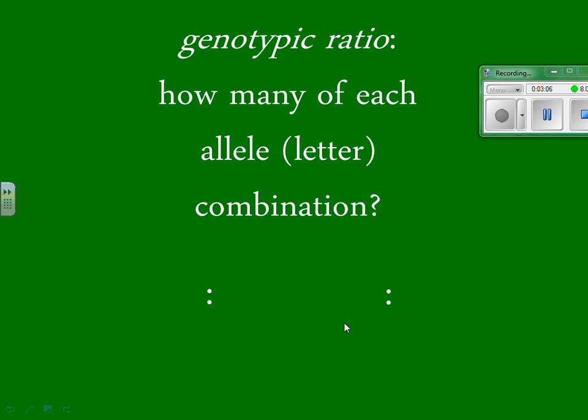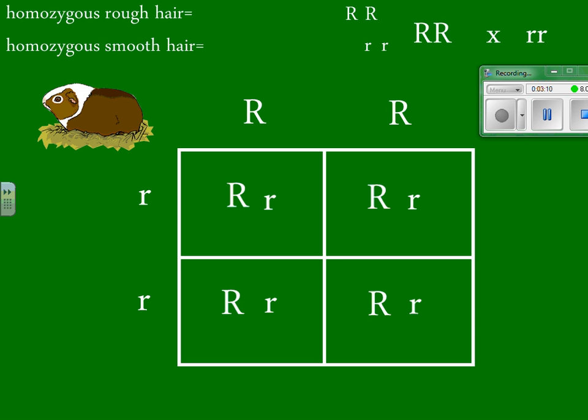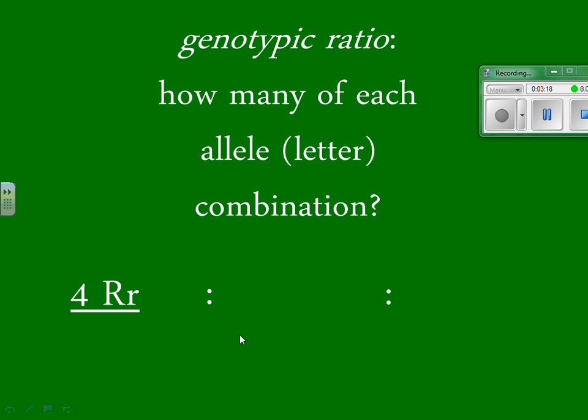There are two ratios, or two ways to interpret this box. The first is to look at the letter combinations of all the possible offspring. In any given Punnett square, you're always going to have the possibility of two capital letters, two lowercase letters, or a heterozygous. These are all the possibilities. I'm not saying that that's going to occur, but these are the possibilities.